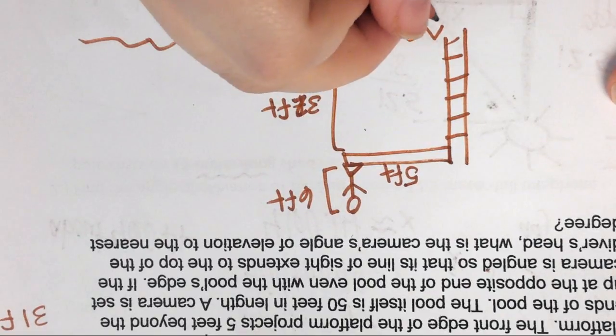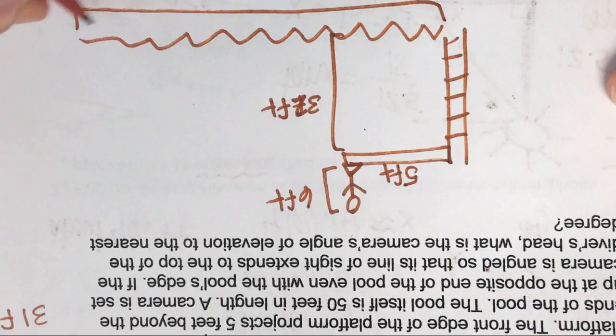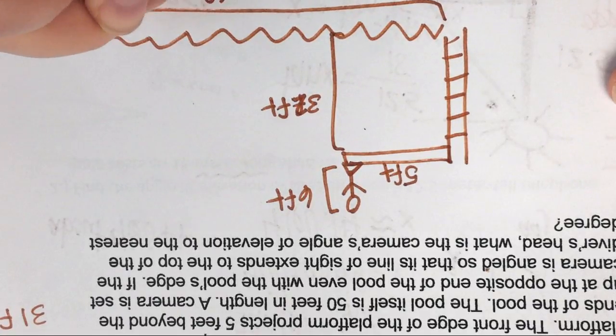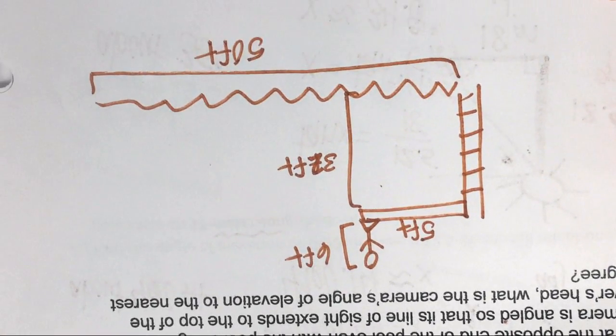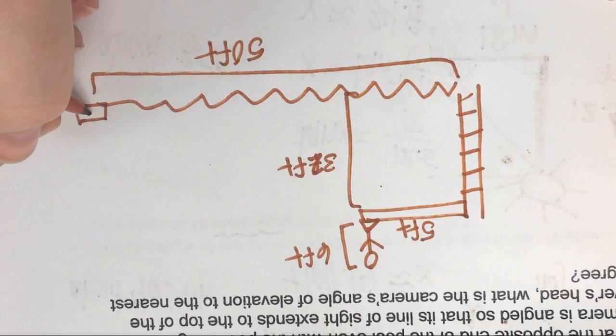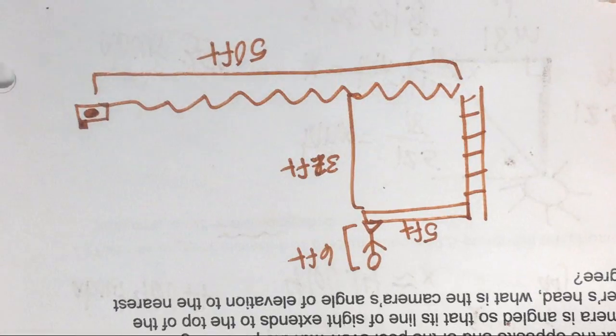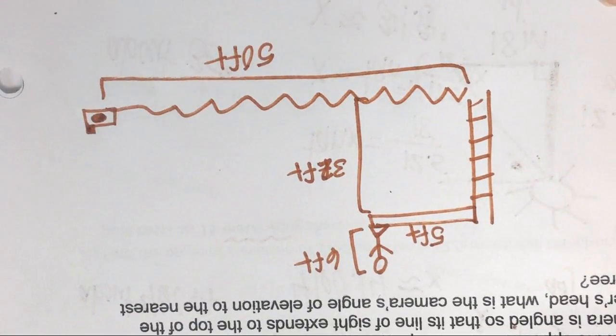The pool itself is 50 feet in length. And then a camera is set up at the opposite end of the pool, because that's what cameras look like. At the opposite end of the pool, and it is even with the pool's edge.